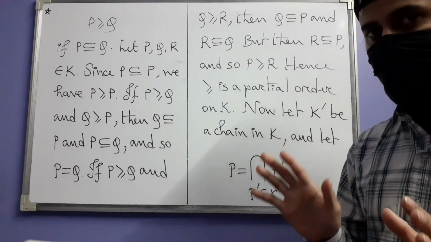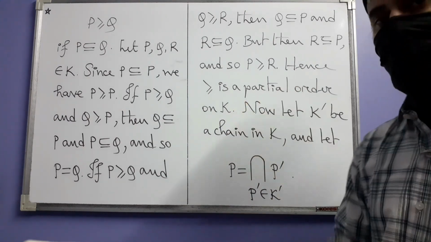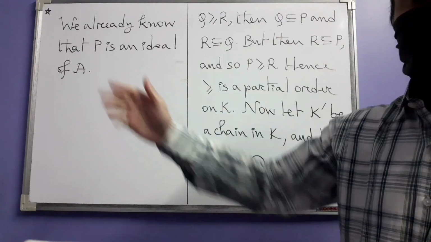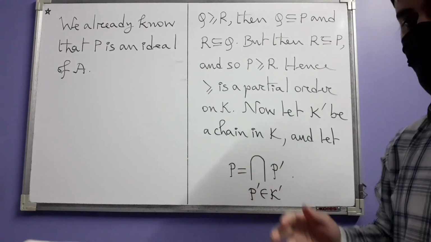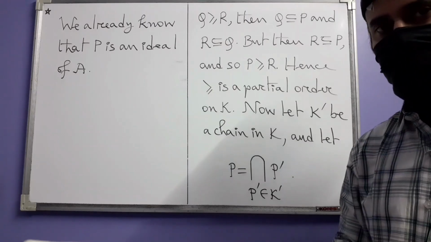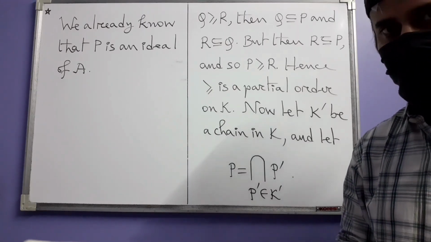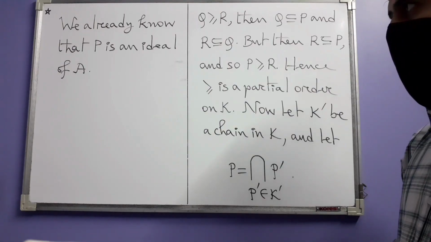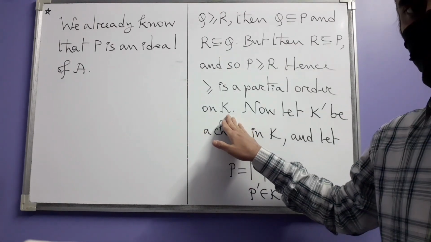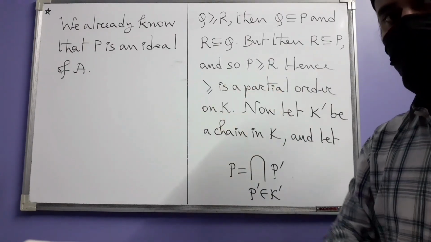And not just an upper bound, it needs to be in K. Now here is something we already know about this P, namely the fact that it's an ideal of A, because the intersection of any collection of ideals is itself an ideal. But that alone does not make it an element of K, because it needs to be a prime ideal. Next, that is what we are going to show.